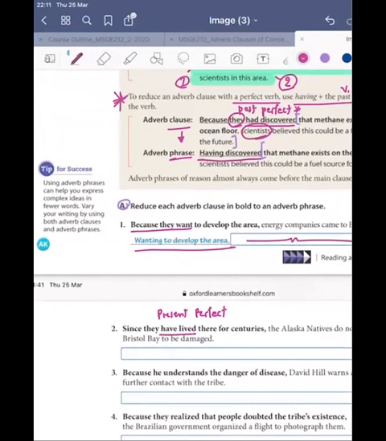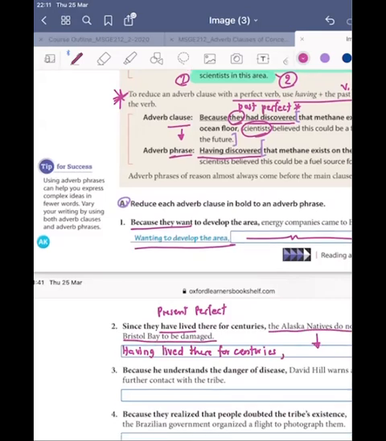So, how do we use them? You can't say living there for centuries anymore. Having lived there for centuries, comma, and then the rest here stays the same. The Alaska natives do not want Bristol Bay to be damaged.